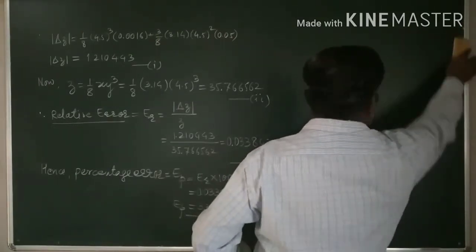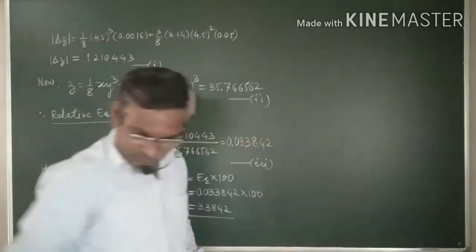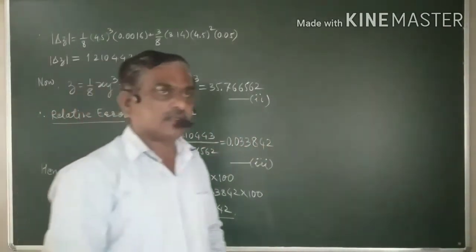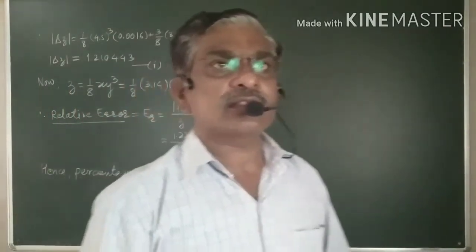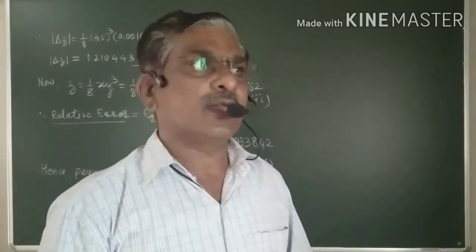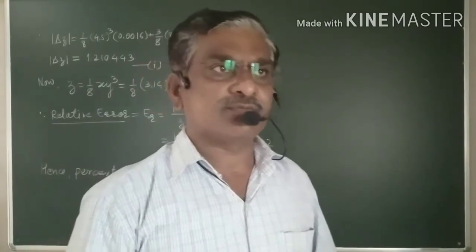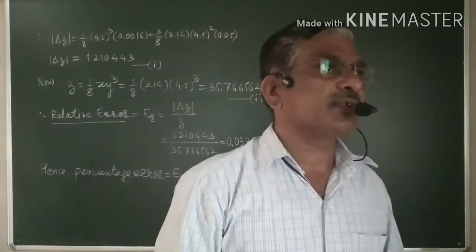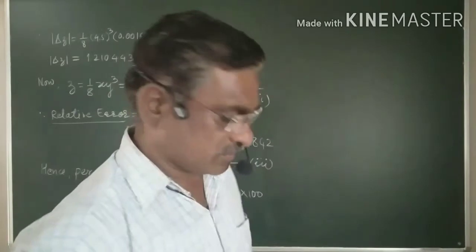Once you understand the process of how to solve a problem, there may be a slight change in the language of problems. You can analyze it, and you can go for the solution.